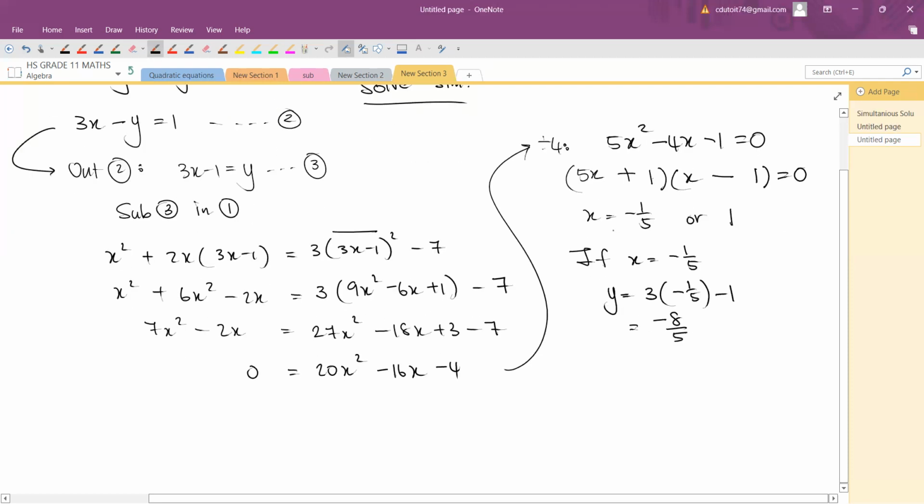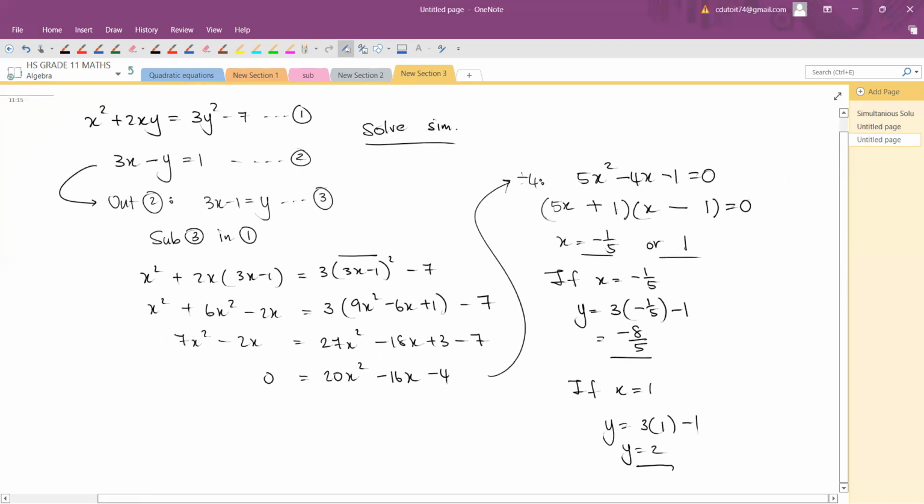Okay, so we've got 2 values for x. We're going to get 2 values for y. If x equals 1, then y equals 3 times 1 minus 1, and that is 2. That's the type of thing you're going to get.